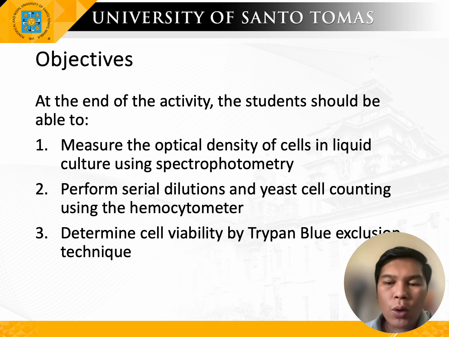Let's talk about your activity this time. At the end of the activity, the students should be able to, first, measure the optical density of cells in liquid culture using spectrophotometry. We already made use of the spectrophotometer in our previous activity, and in that case, I believe that you will be able to perform this part of the activity.